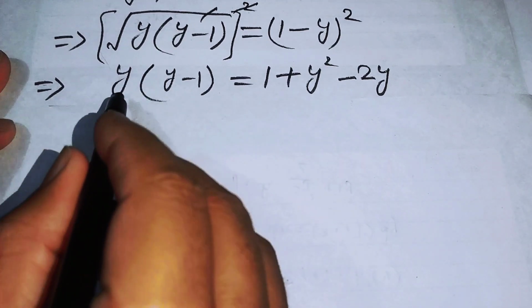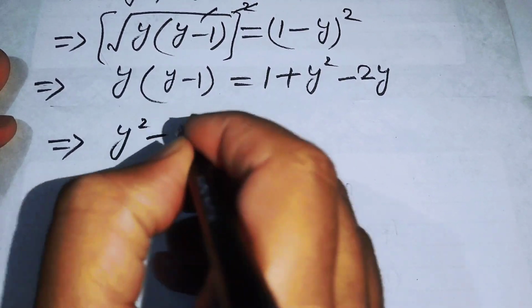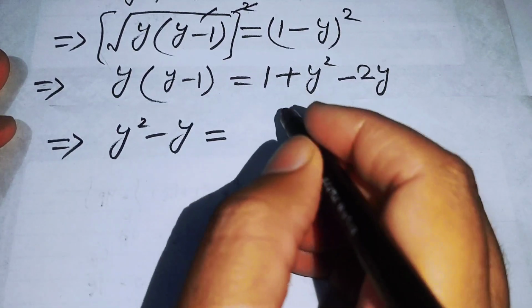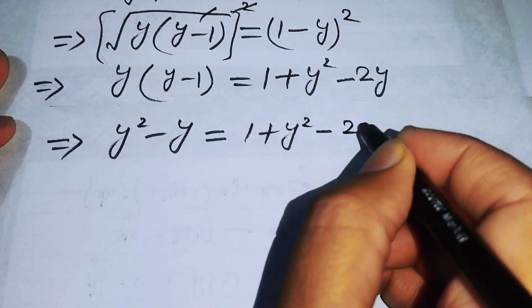We will multiply this y on both of the terms, and we will get here y square minus y is equal to 1 plus y square minus 2y.